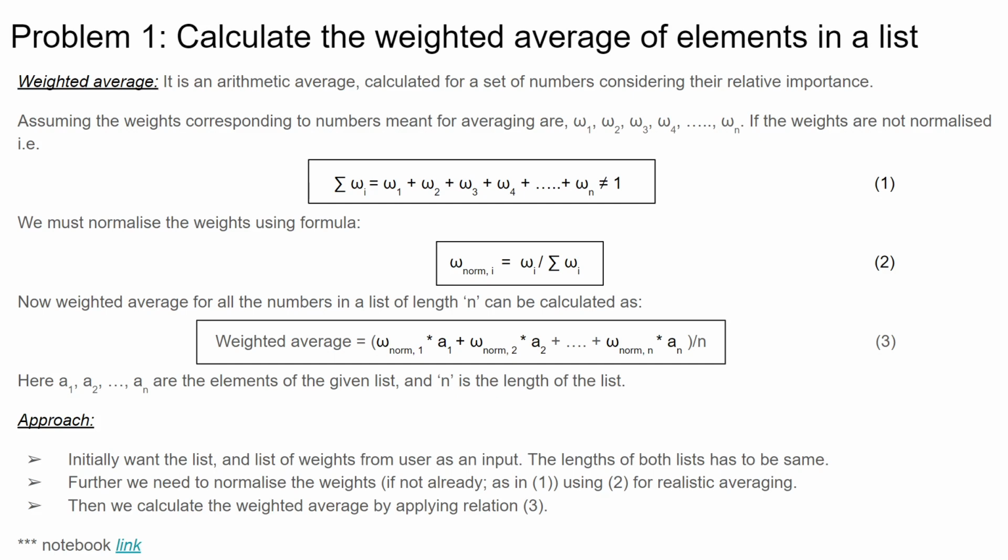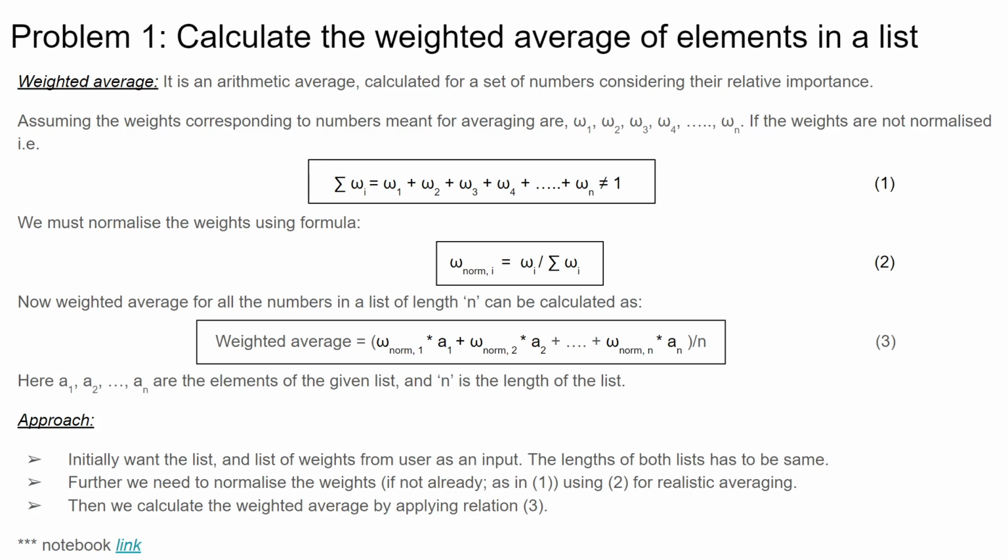Any type of numbers they can be. If they are in a list, we define weights that are equal in number to the number of elements in the list. According to the importance of the element in the list, we will provide them some weight.